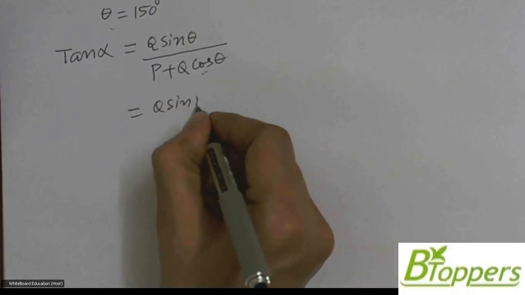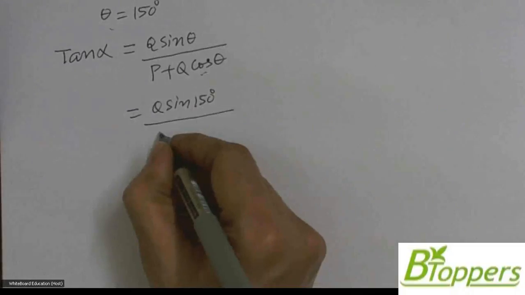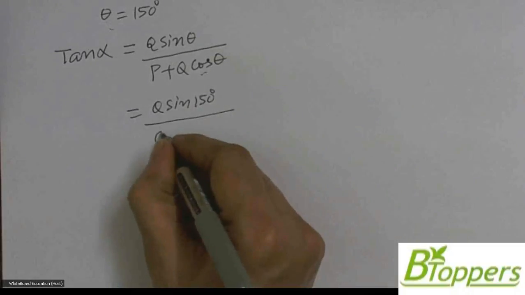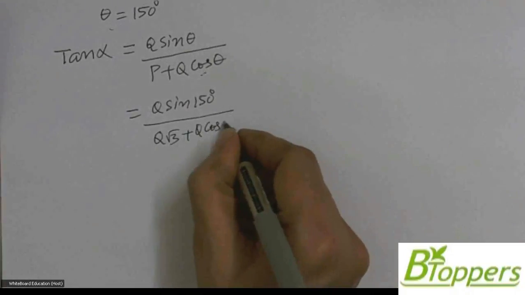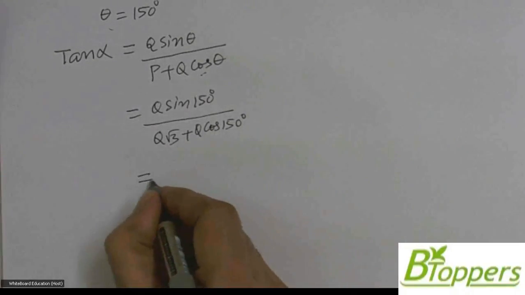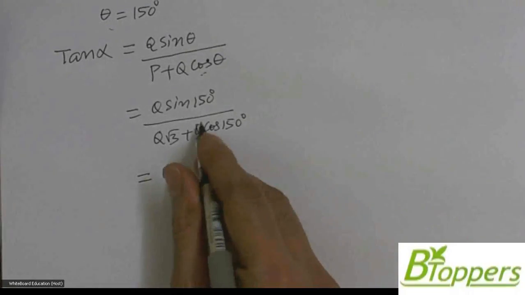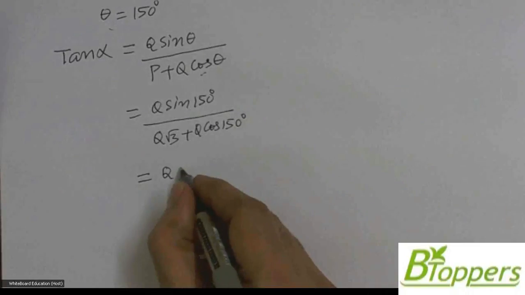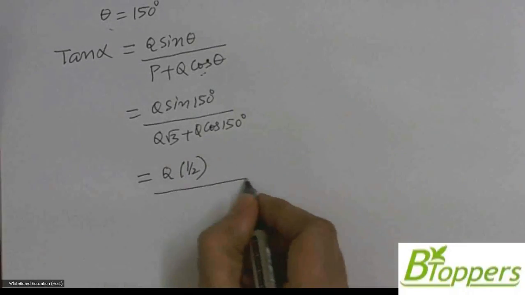So Q sin 150 degrees by, we got from equation 1, P equal to Q root 3, plus Q cos 150 degrees. As I explained how to calculate the value of sin 150 degrees, same as sin 30 degrees, that is 1 by 2.